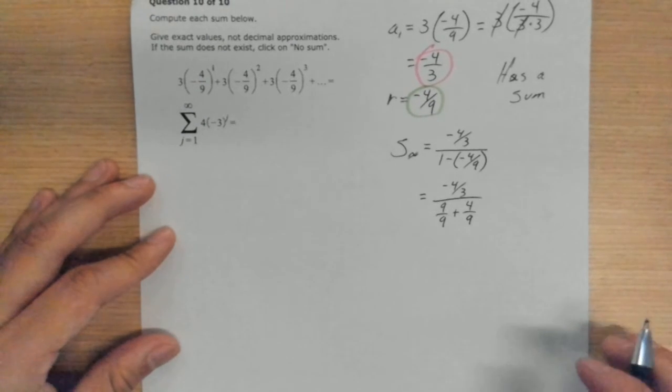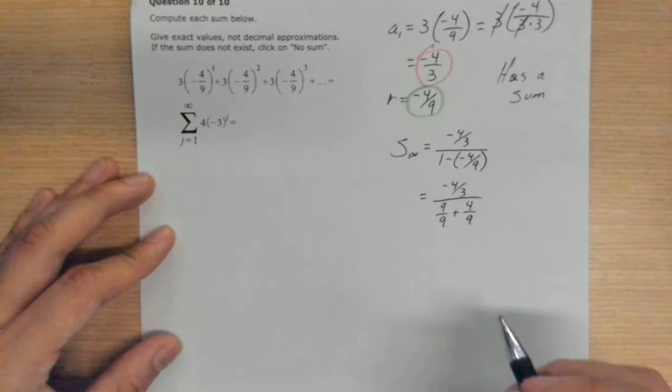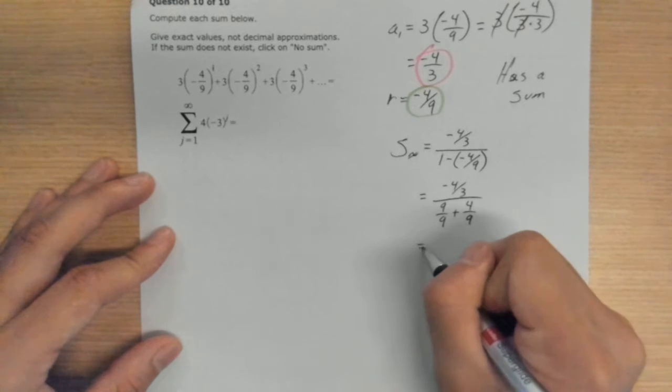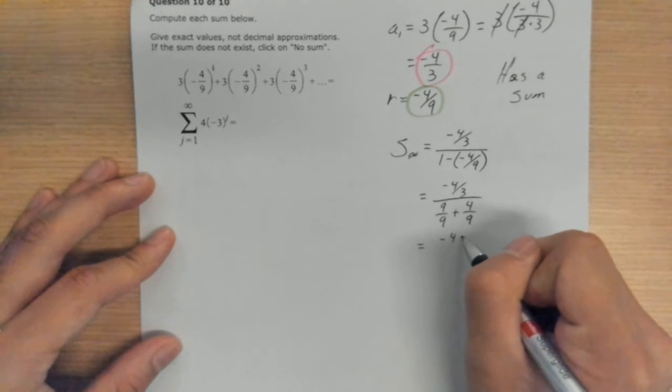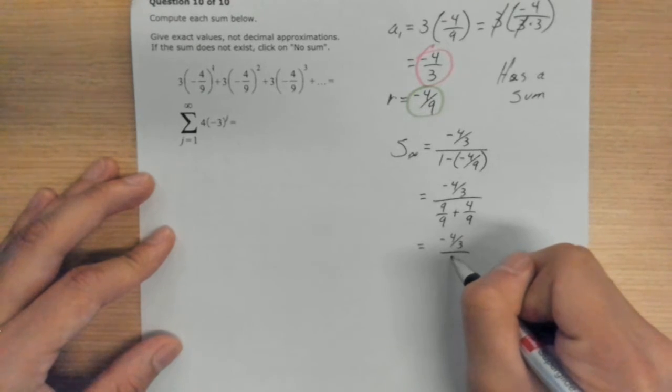If you have questions, you can stop me at any time. Don't wait for me to be done to then ask questions. If you can ask me right now. This will be equal to minus 4/3 over 13/9.